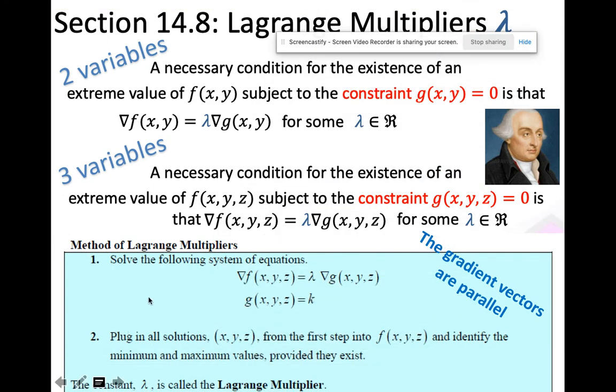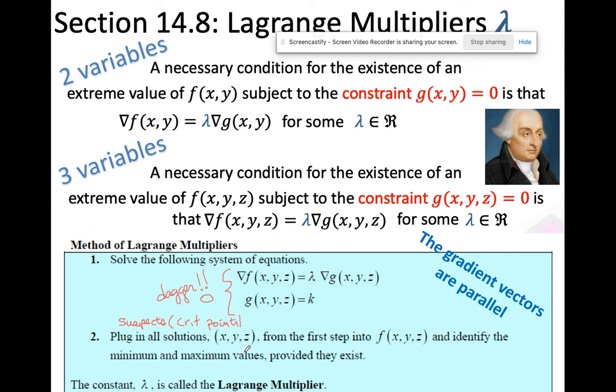And here's the method. Solve the system. Sounds so simple. This ain't that simple. This can be a big fat dagger. But then when you do, this gives us our list of suspects, critical points.